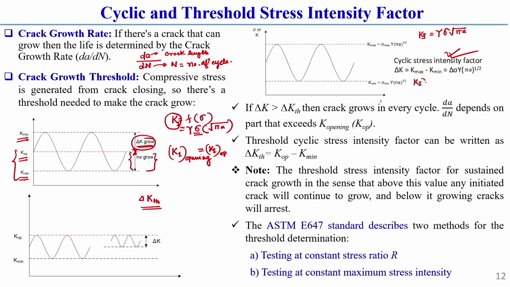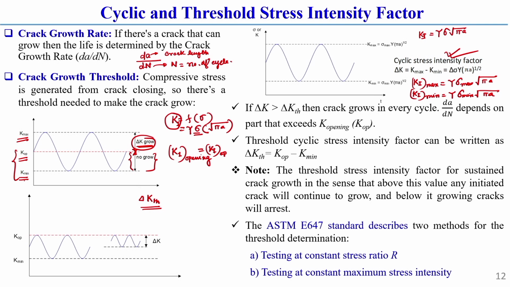One is called K max, that you can write as Y sigma max square root of pi a, and there will be a minimum stress intensity factor for a cyclic loading, that is Y sigma min square root of pi a, correct.